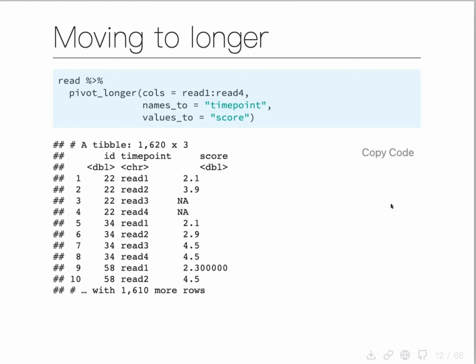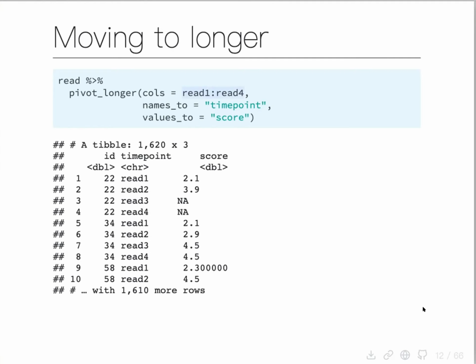Basically if we had person level variables here, like let's say we had a gender identifier, then when we're doing this, we would only put the columns in here that we want to include in that pivot longer, that we want to make change their format. And then the gender column would just stay constant. So for one given student, it might say female, female, female, female. Does that make sense? Got it.